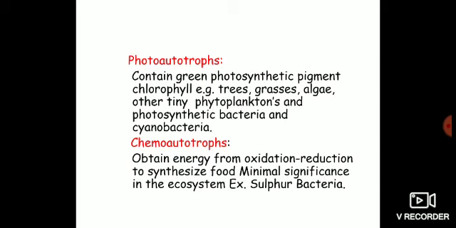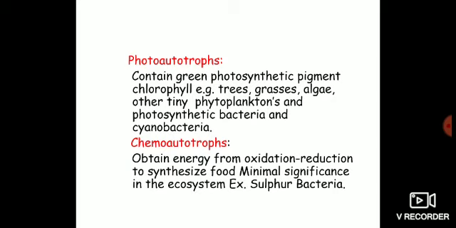Okay, and this chlorophyll molecule helps them to trap solar energy. That means those autotrophic organisms which manufacture their food material in presence of sunlight, and for trapping sunlight they have a photosynthetic pigment molecule known as chlorophyll, are known as photoautotrophs.